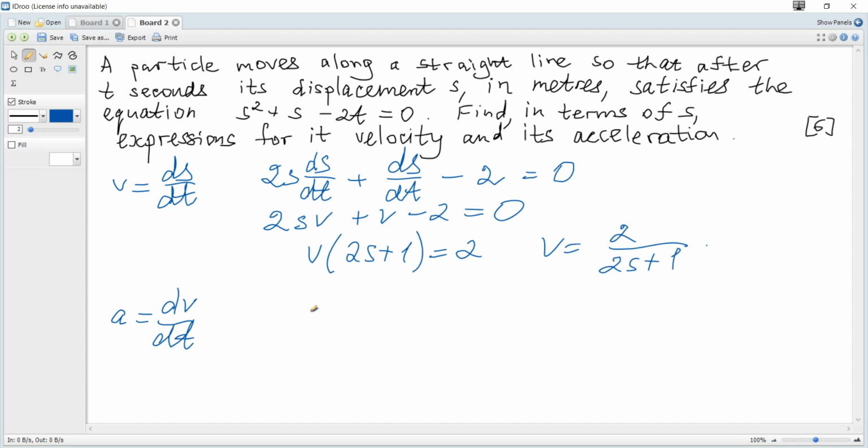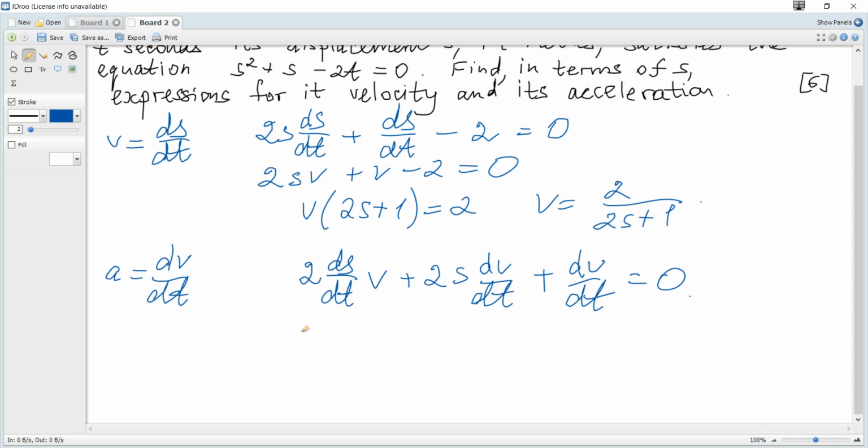So it's 2 times the derivative of the first, ds/dt, multiplied by the second function, plus 2s, the first function, multiplied by the derivative of the second, dv/dt, plus dv/dt, the derivative of v, and minus the derivative of a constant, which is 0, is equal to 0.